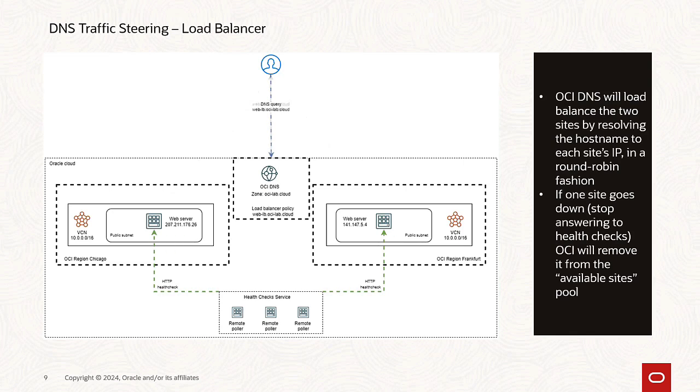So 50% of clients will be directed to Chicago, 50% of clients will be directed to Frankfurt, if no other policy is in place. Should one of these sites stop responding to health checks, OCI will remove it from the available sites, and all users will be directed to the healthy site.